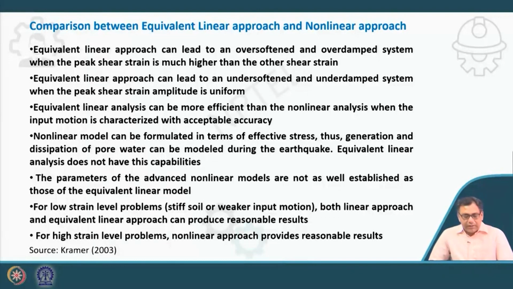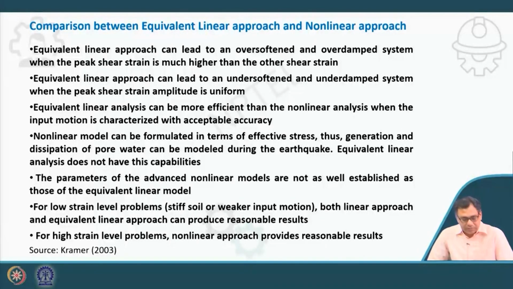The equivalent linear analysis can be more efficient than the non-linear analysis when the input motion is characterized with acceptable accuracy.